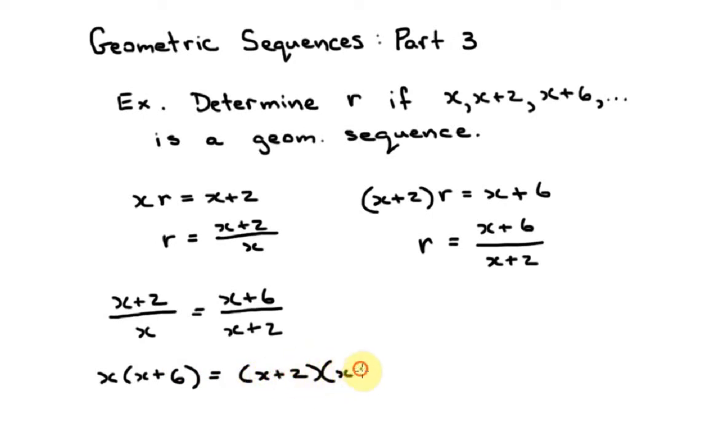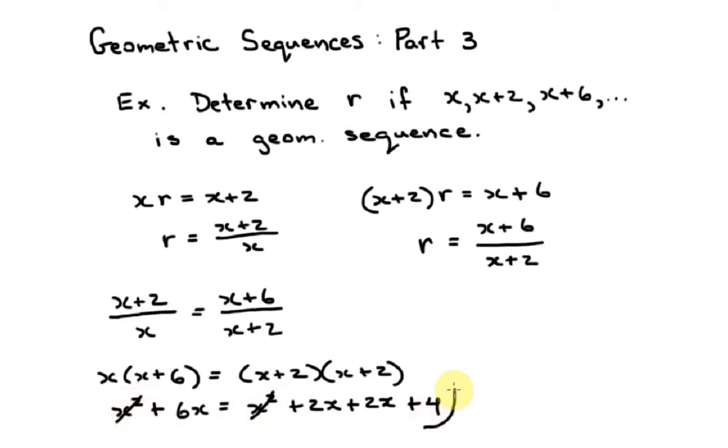Now let's expand out those brackets. We have x squared plus 6x, and over here this equals x squared plus 2x, and then another 2x, and then plus 4. Now I can get rid of the x squareds from both sides, which is kind of nice. That makes it easier to solve.